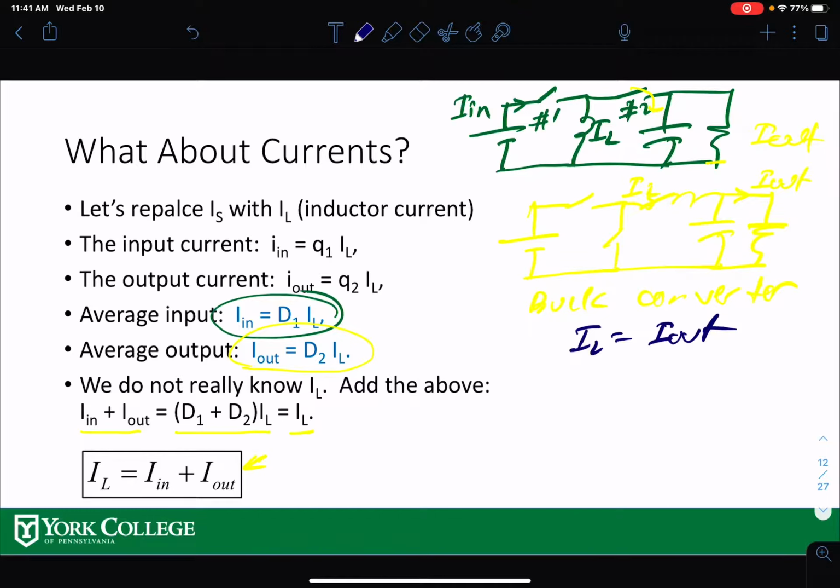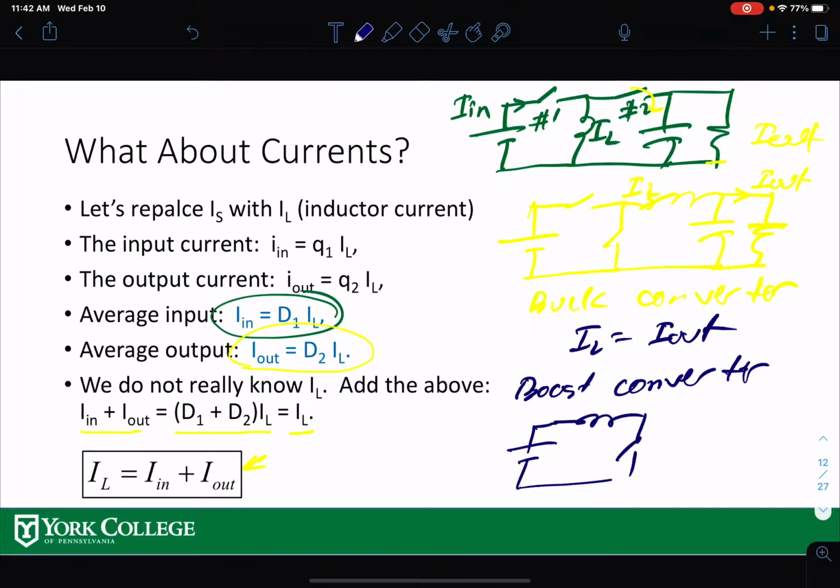For the boost converter, if I draw the boost converter over here, this is your I in, the average I in, and this is also the IL.